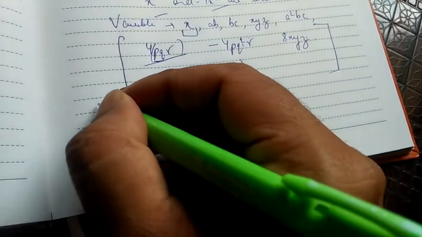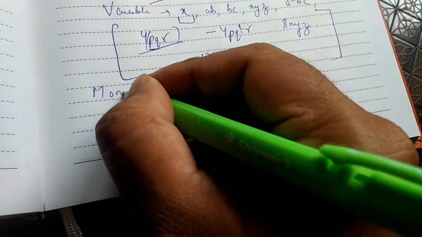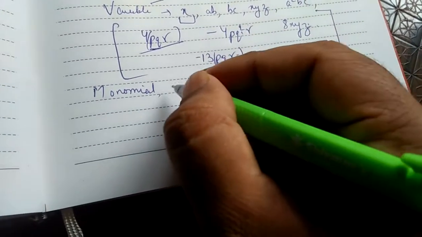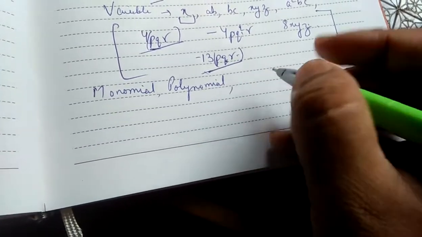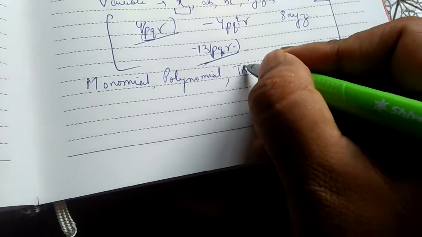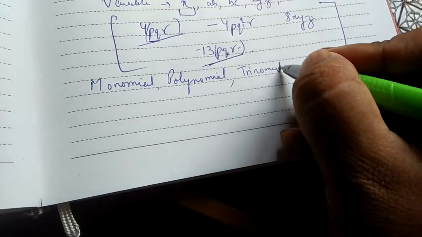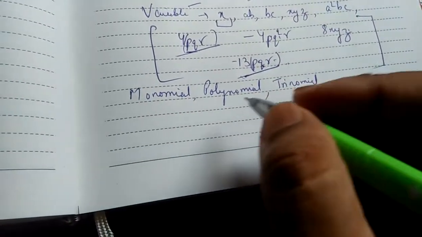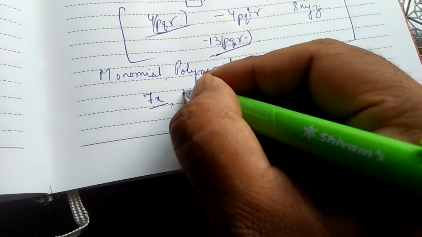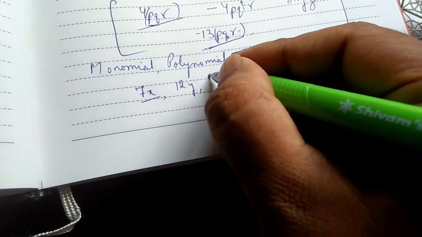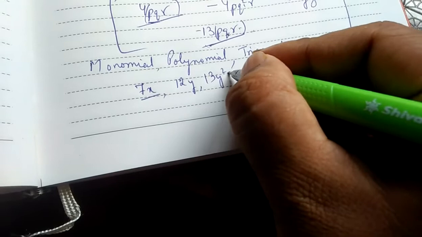So let's say, what is a monomial, what is a polynomial, what is a trinomial. An algebraic expression with one term is a monomial: 7x, 12y, 13y square x.